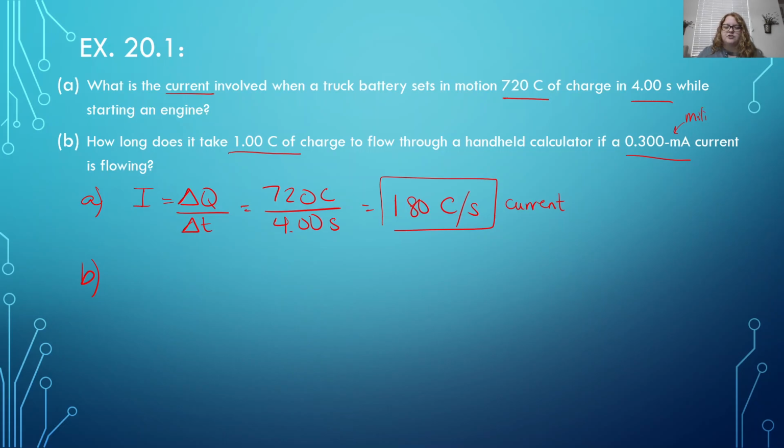Milliamps. Is there 2 L's? I think so. I'm not positive. But this is times 10 to the negative 3, kind of like milligrams, okay? Or no, milli is times 10 to the, give me just a second here.